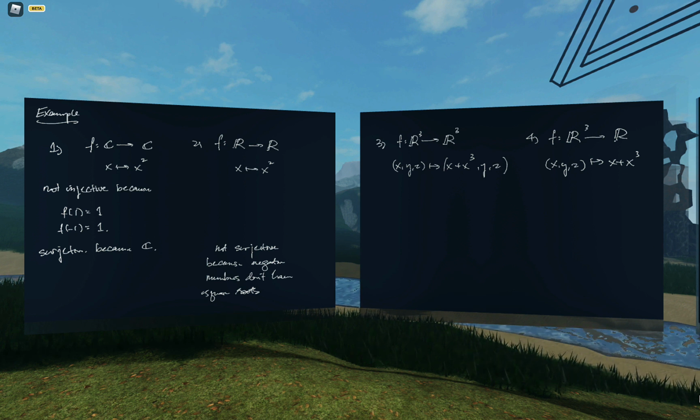Okay, so one last example. This is a fun one. We're going to look at this. Now we're mapping from C2 to C2, and I'm going to map x, y to x plus y cubed and y minus x plus y cubed. Okay, so a somewhat complicated looking map from C2 to C2.